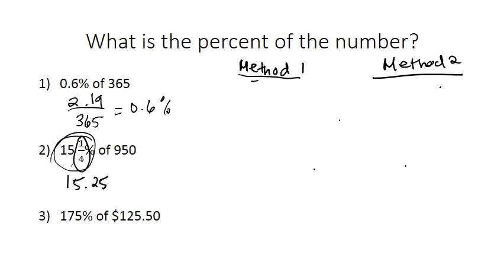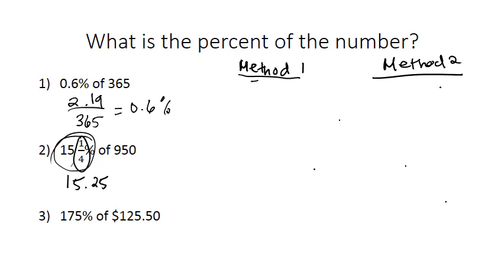Some of you know this is cross multiplication, which is fine with me. So 15.25 times 950 divided by 100 equals 144.875, which is the same answer I got the first time, which I know is correct.